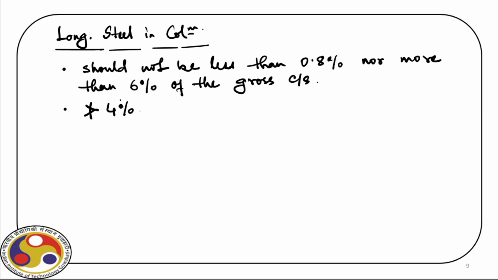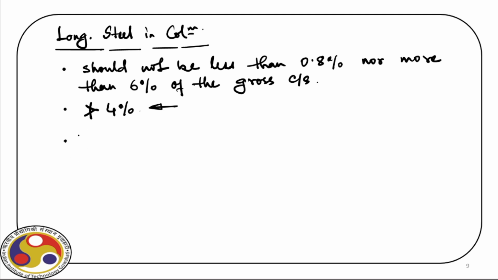If we have too much steel, it occupies a large part of the cross section and is not surrounded sufficiently by the concrete. If there is improper bonding between the concrete and steel, obviously we will not get the desired strength. So from the construction point of view, we always set this 4% limit for column. We do not go beyond 4%, although the code specifies that we can go up to 6%.